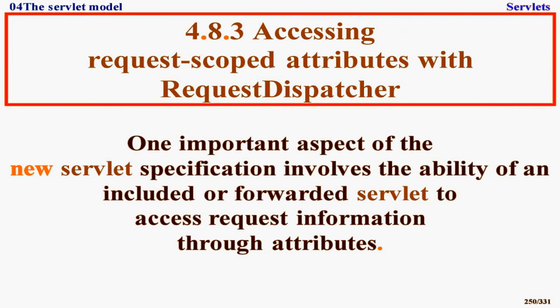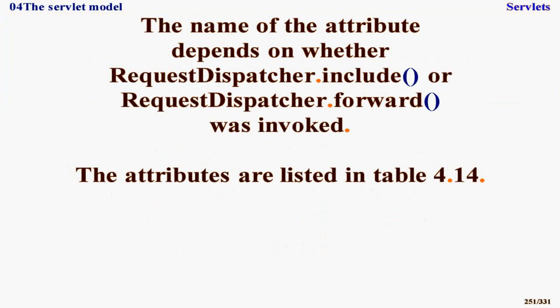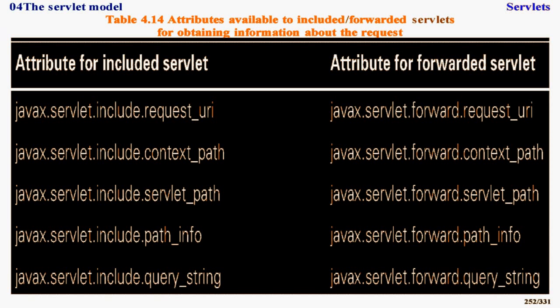One important aspect of the new Servlet specification involves the ability of an included or forwarded servlet to access request information through attributes. The name of the attribute depends on whether RequestDispatcher.include or RequestDispatcher.forward was invoked. The attributes are listed in Table 4.14. Table 4.14.